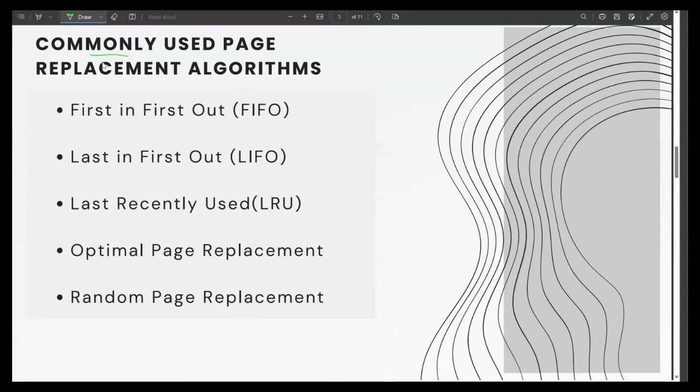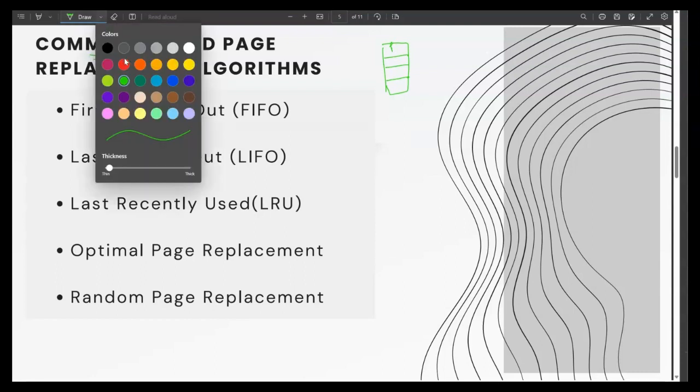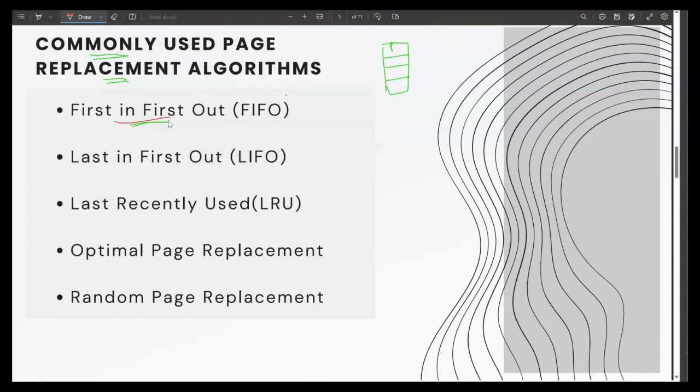These are some commonly used page replacement algorithms. Which page in the main memory becomes a victim page is based on these algorithms. The first algorithm is first in first out. In this algorithm, the page that entered the frame table first will be the first one out. Suppose we have page 1, page 2 and page 3, and page 1 is the first page that was included in the main memory.